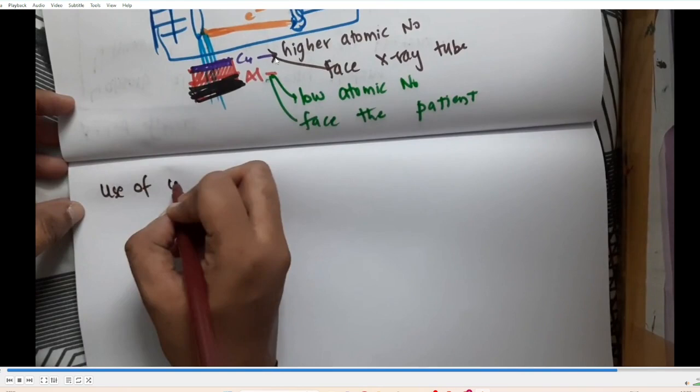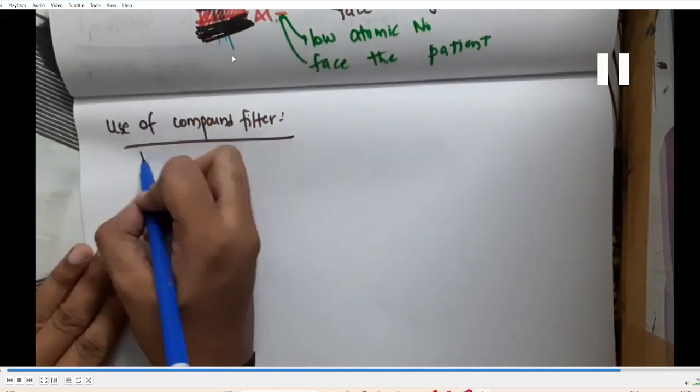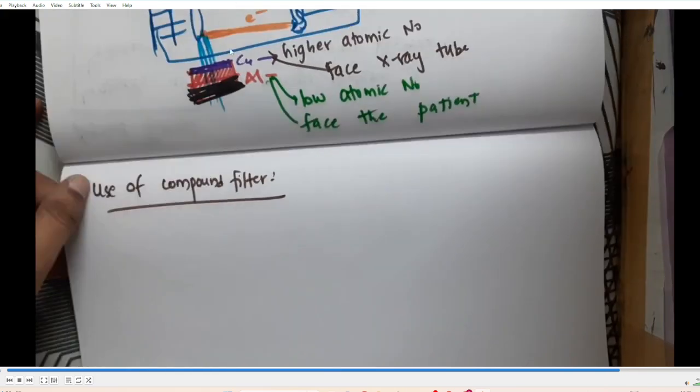The purpose of the aluminium is to absorb the characteristic radiation which is produced by copper. Photoelectric attenuation occurs in copper, and it produces characteristic radiation with an energy of 8 kilo electron volts.